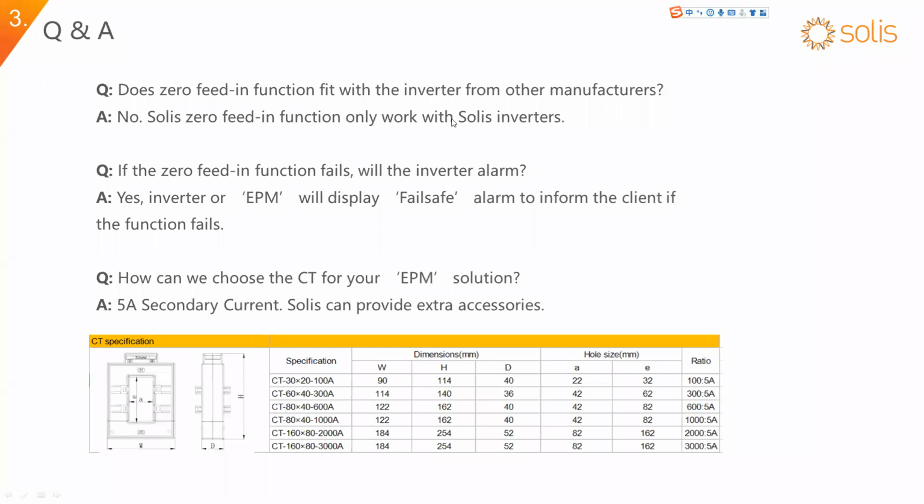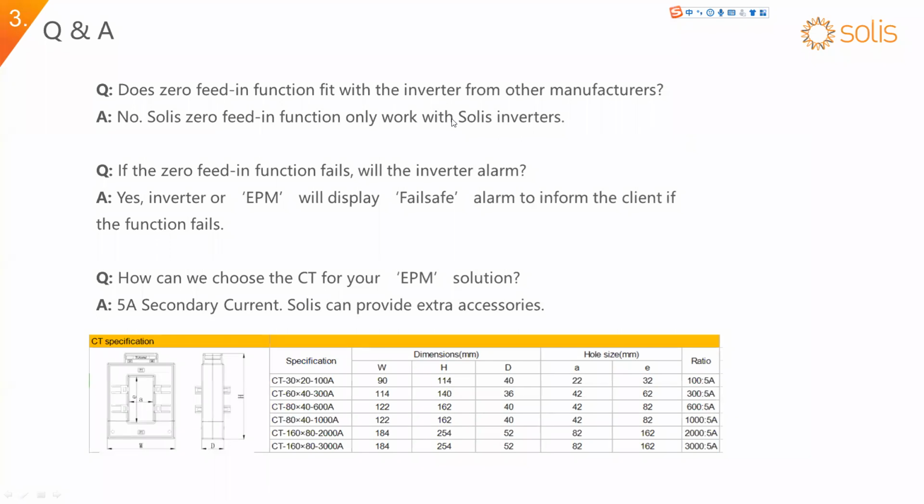What is the types of the control generation program? Well, the controlling of the generation is very fast because once the inverter gets the necessary information from the EPM, then the inverter control is very fast, like in millisecond level.